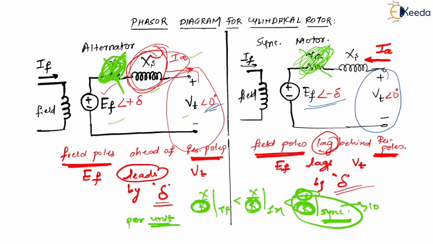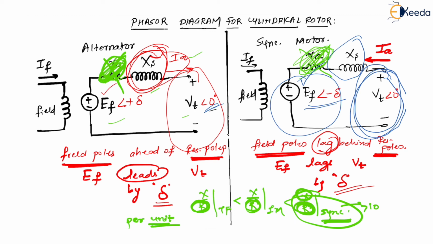Now if you check by applying simple mesh analysis, you can understand that here Vt is equal to Ef plus Ia Xs, or I can say that Ef is equal to Vt minus Ia Xs, depending on the KVL equation.